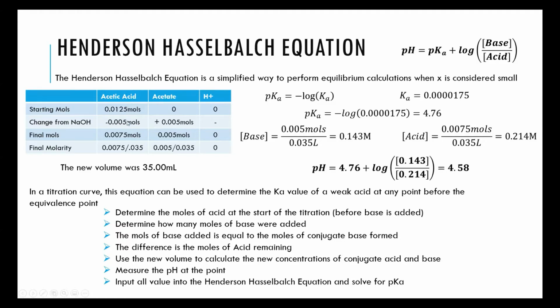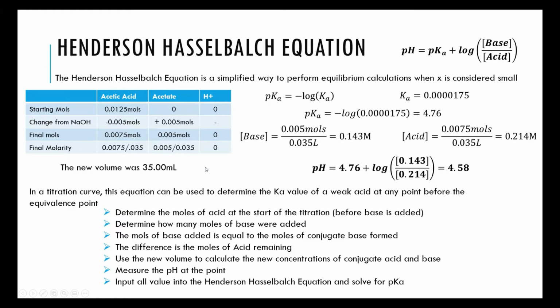Now we worked this out. We knew that we had 0.0125 moles of acetic acid, and some of it reacted, and we were left with 0.0075 moles of acetic acid, and 0.005 moles of acetate was generated over a new volume of 35 milliliters.